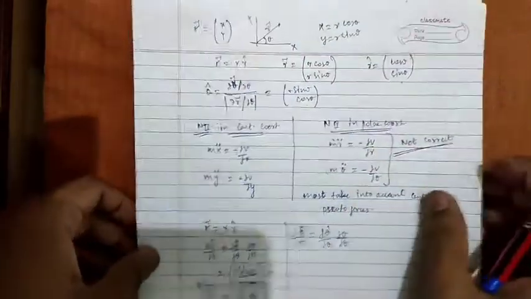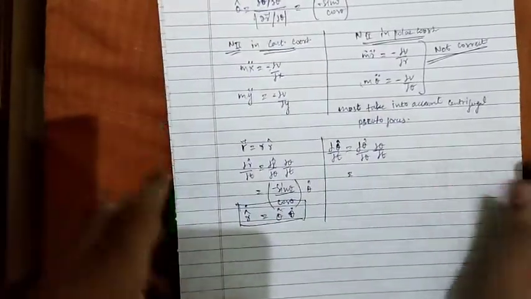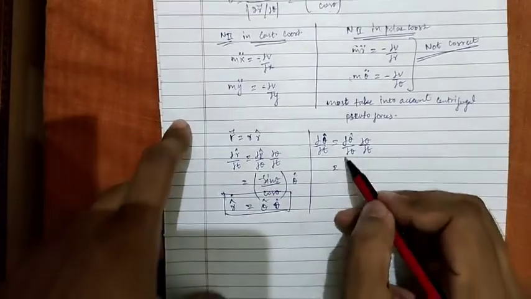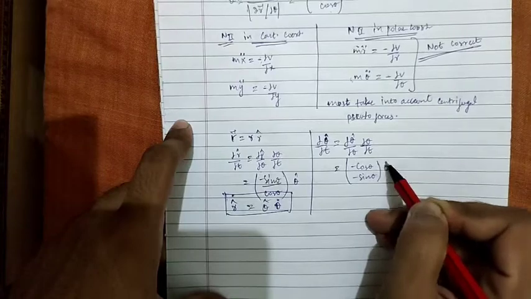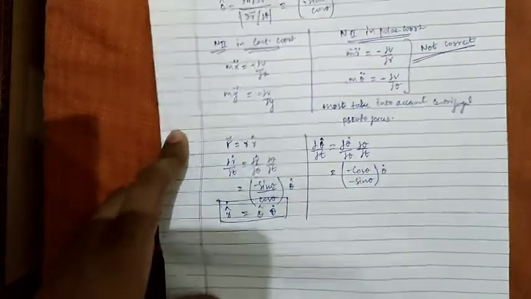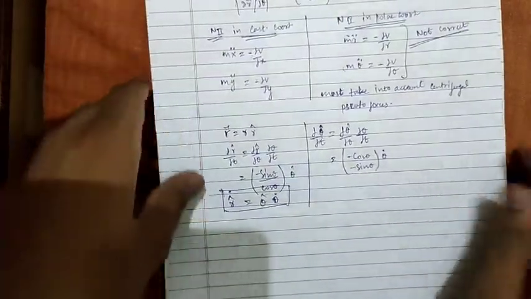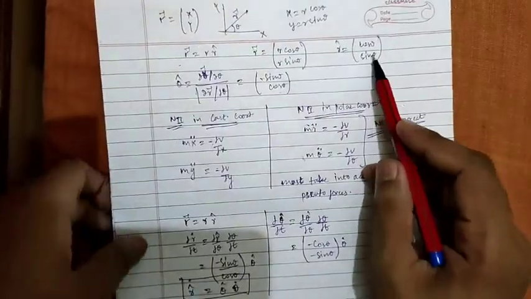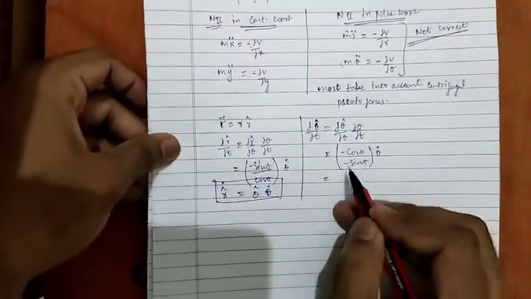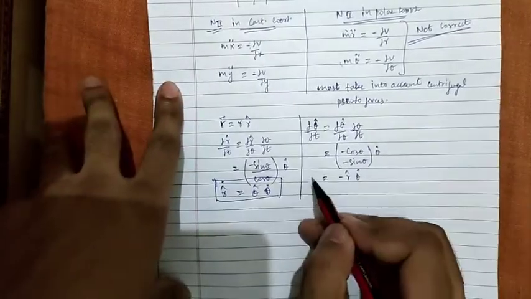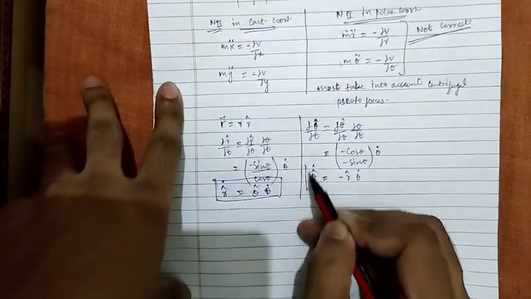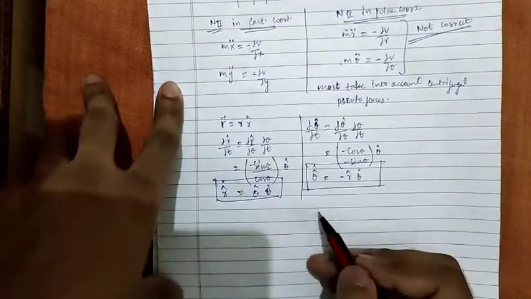Again differentiating this, we have minus cos theta, minus sin theta, times theta dot. Now this is the value of r cap here. So minus r cap theta dot is equal to theta cap dot.